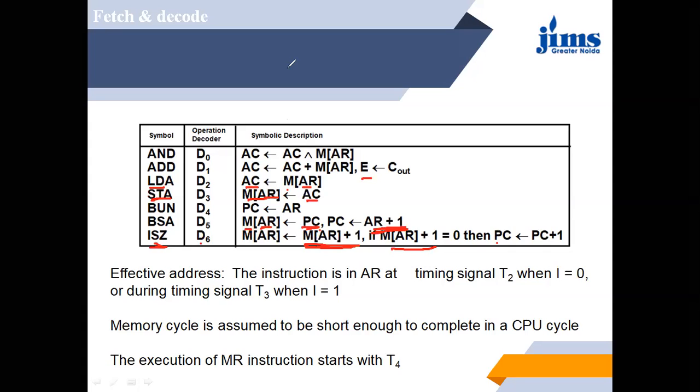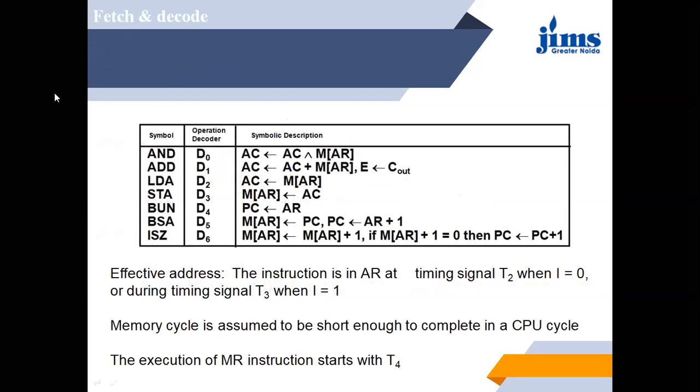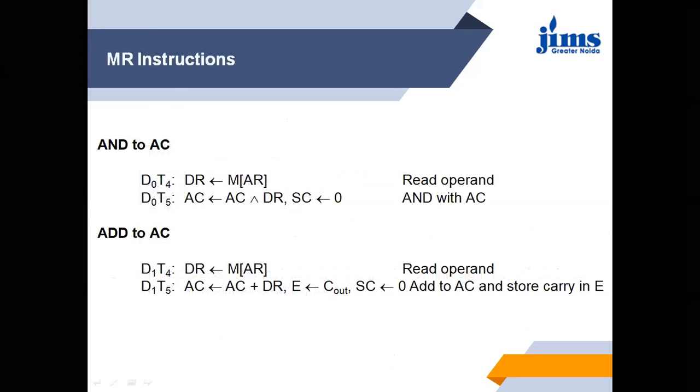So this was about the different operations that are going to be performed. Then add to AC. We discussed add over here. So what happens when we access the content of memory from register AR, this address register that contains some address.